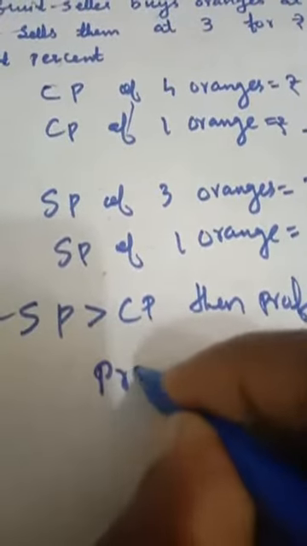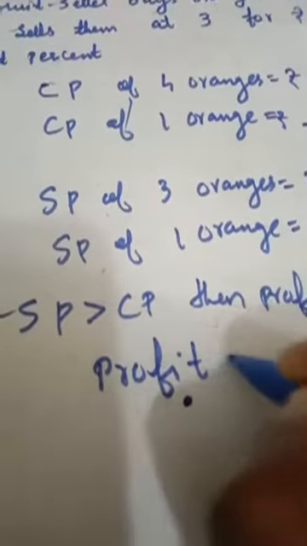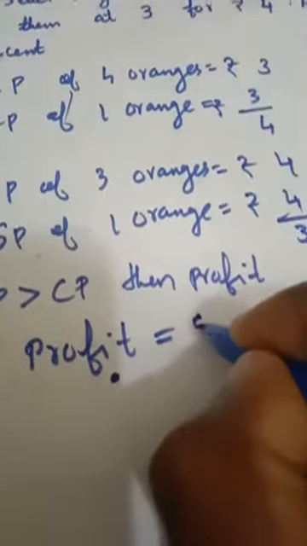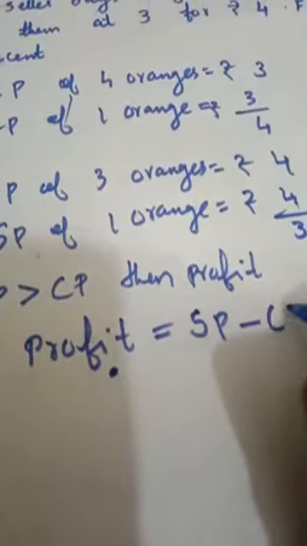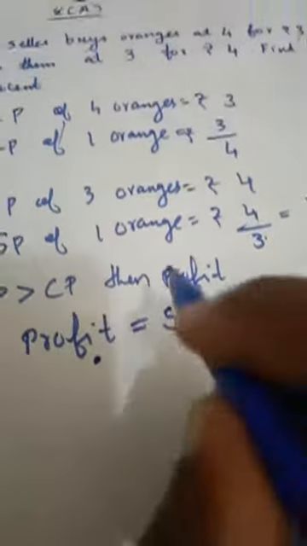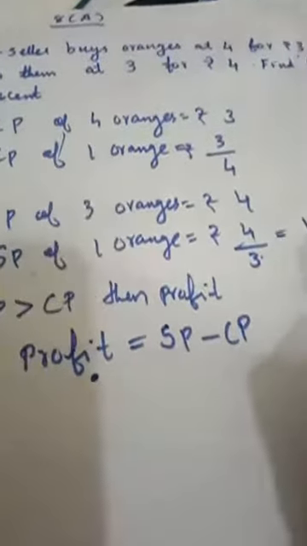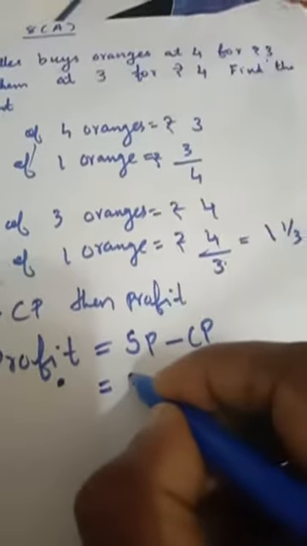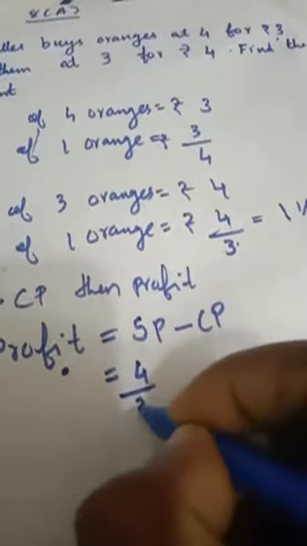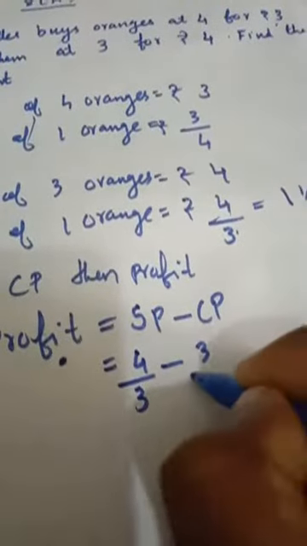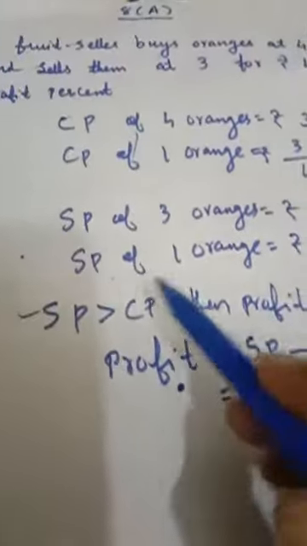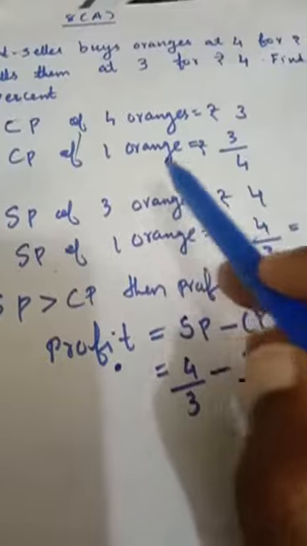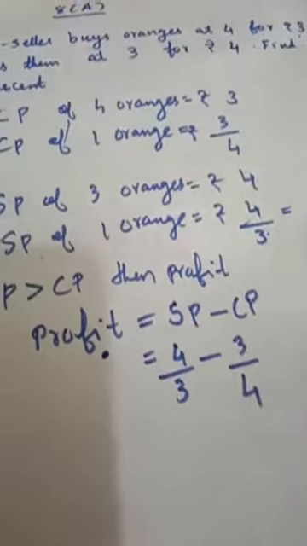Now we can find profit. Profit is equal to SP minus CP. SP is greater, so SP minus CP, which is 4 by 3 minus 3 by 4. Only one quantity we want to find: CP of 1 orange and SP of 1 orange is enough.